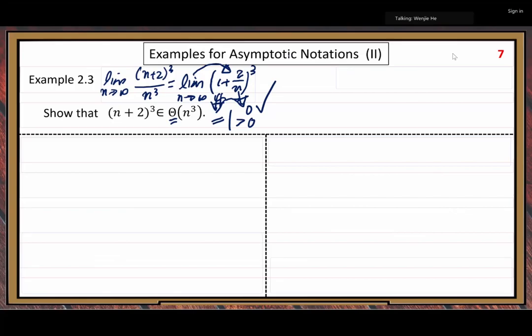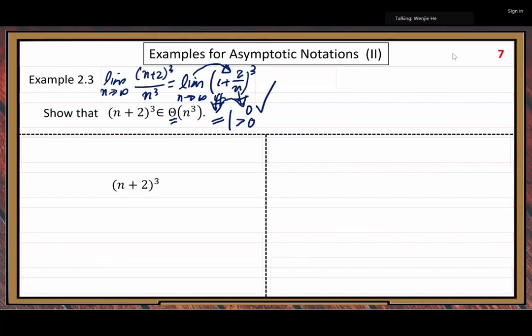Actually, you need to find an upper bound and a lower bound, right? c1, c2. So here, let us do that work. We place the f function right here. Next, we need to find two bounds.